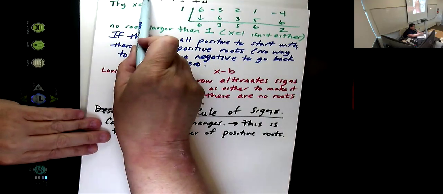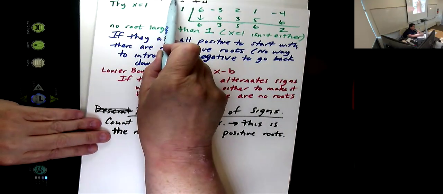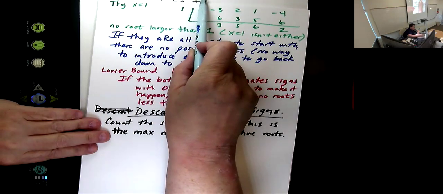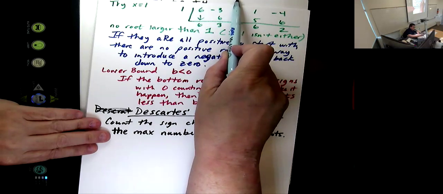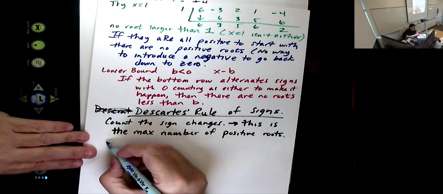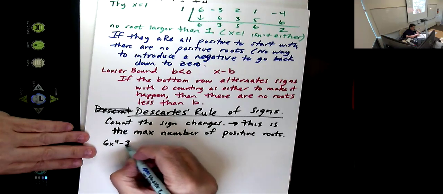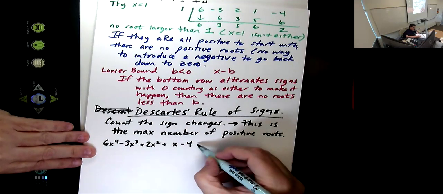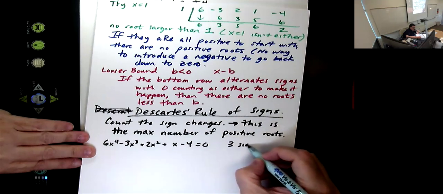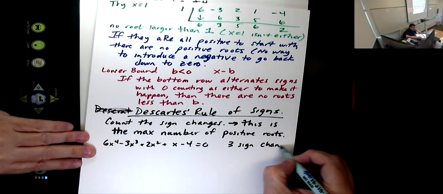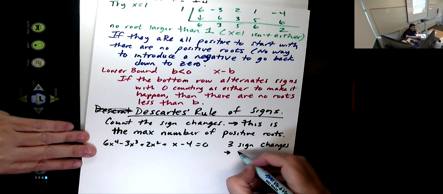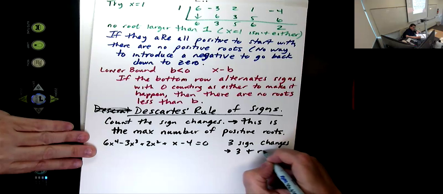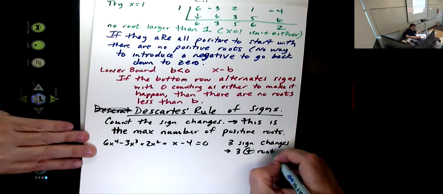Positive to negative is once, negative to positive is twice. There's no sign change here, but there's a third sign change here. So on 6x to the fourth minus 3x cubed plus 2x squared plus x minus 4 equals 0, there are 3 sign changes, which means 3 positive roots, max.